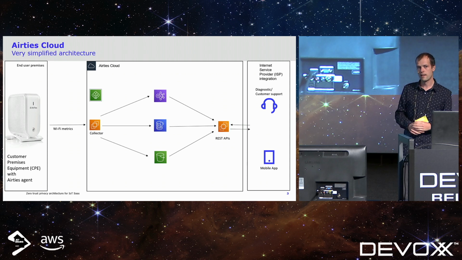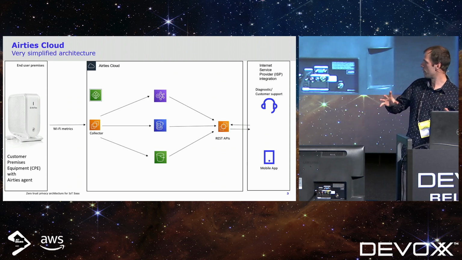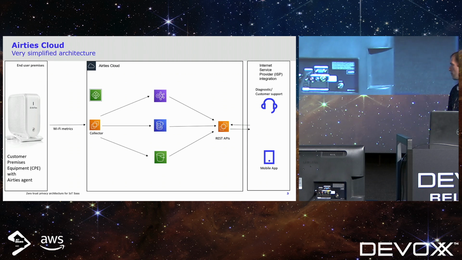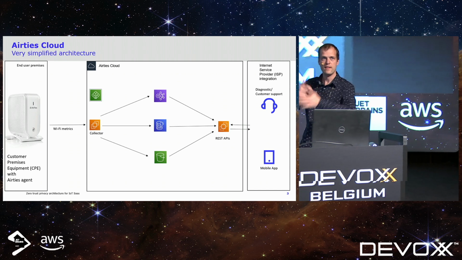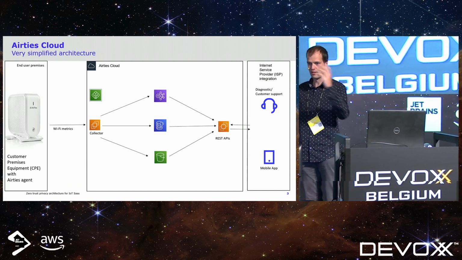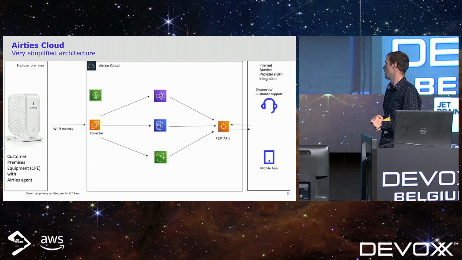So this means that on that left side of the picture, we get a lot of personally identifiable information coming in. These are MAC addresses, but also the name of your phone or your television set, etc.